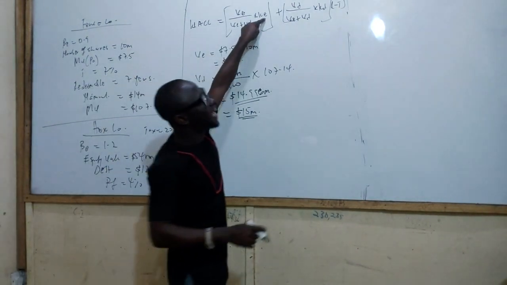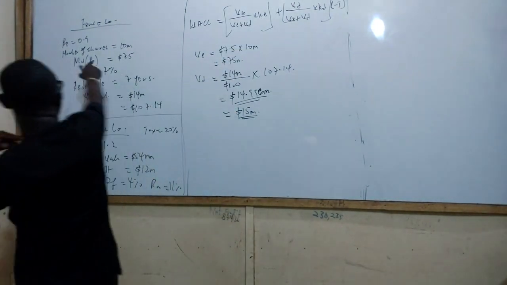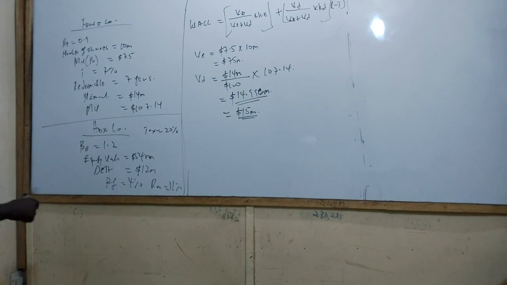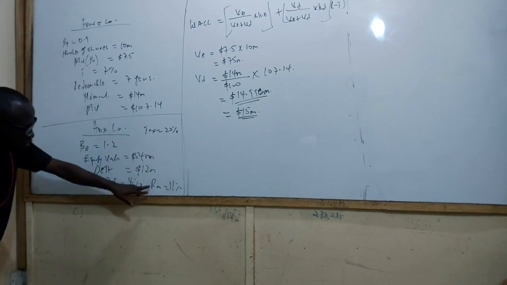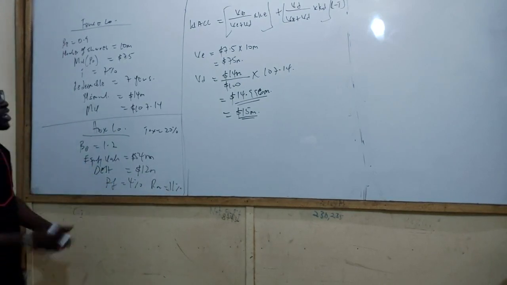So what do we need? KE. Now, how do we find KE in this question? Do we use dividend or do we use CAPM? CAPM, because there is equity beta, there is return on the market, there is risk-free rate.